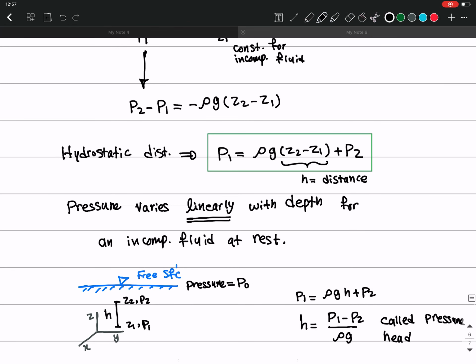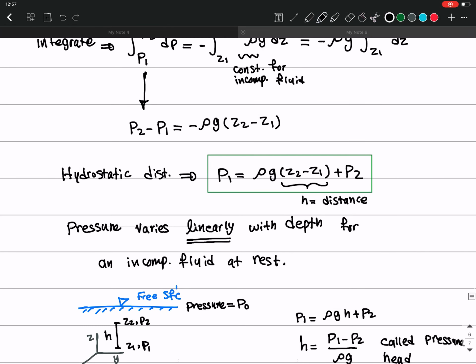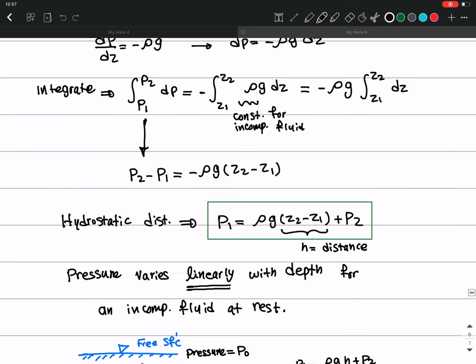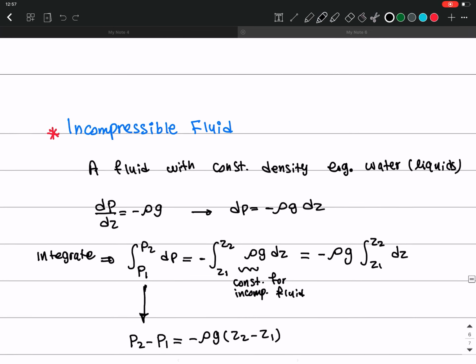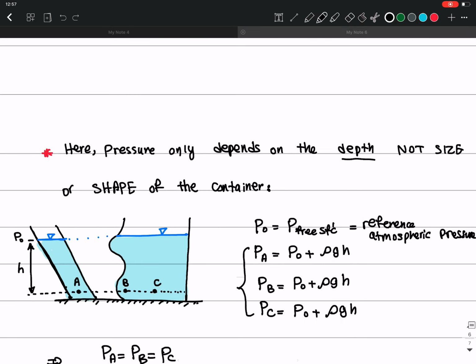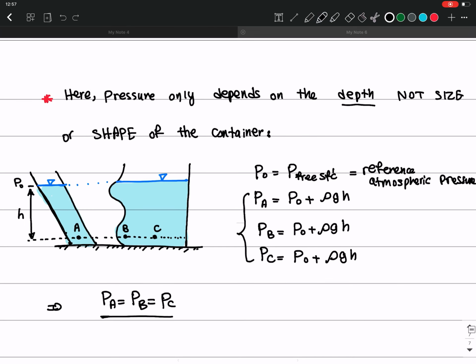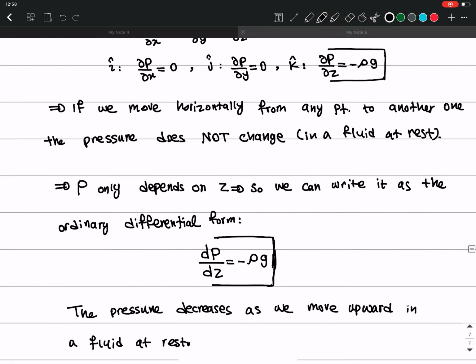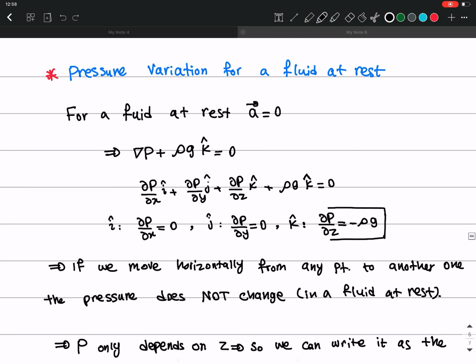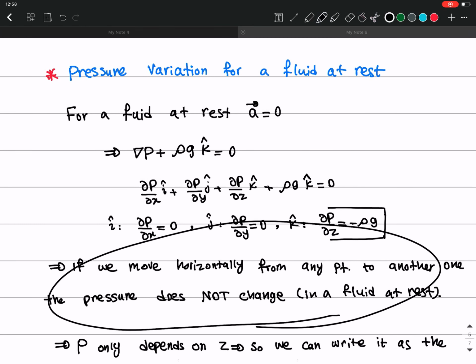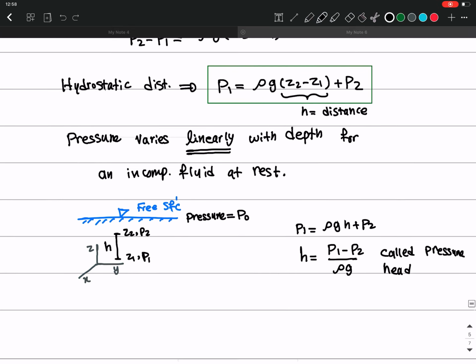Because this shows for a fluid at rest, we have the hydrostatic distribution. That means that for an incompressible fluid which is at rest, the only parameter that really matters is the depth of the fluid, how much water or how much fluid is on top of that. And it doesn't matter where it is, because as we said, horizontally, if you move from one place to another, the pressures are going to be the same.